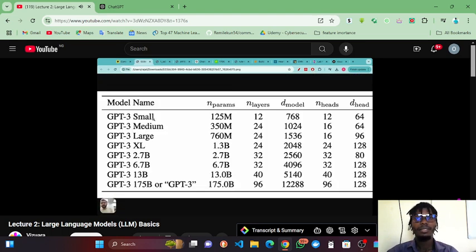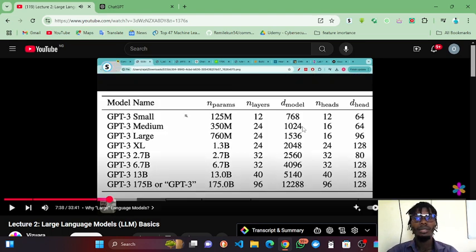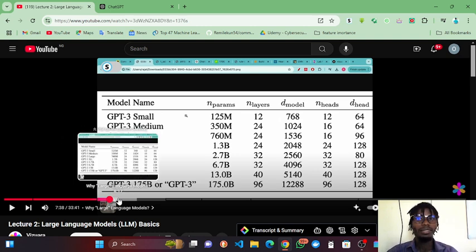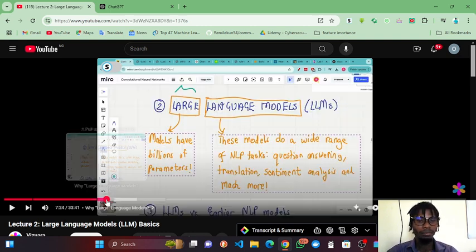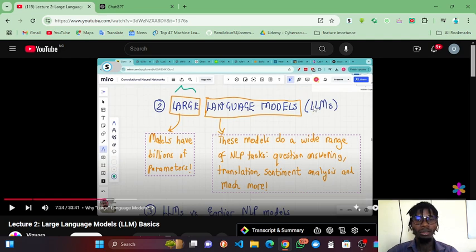So this is a table which shows the number of parameters. Let me just explain. What it is trying to tell us here is that it is called a large language model. So why exactly is it called large?